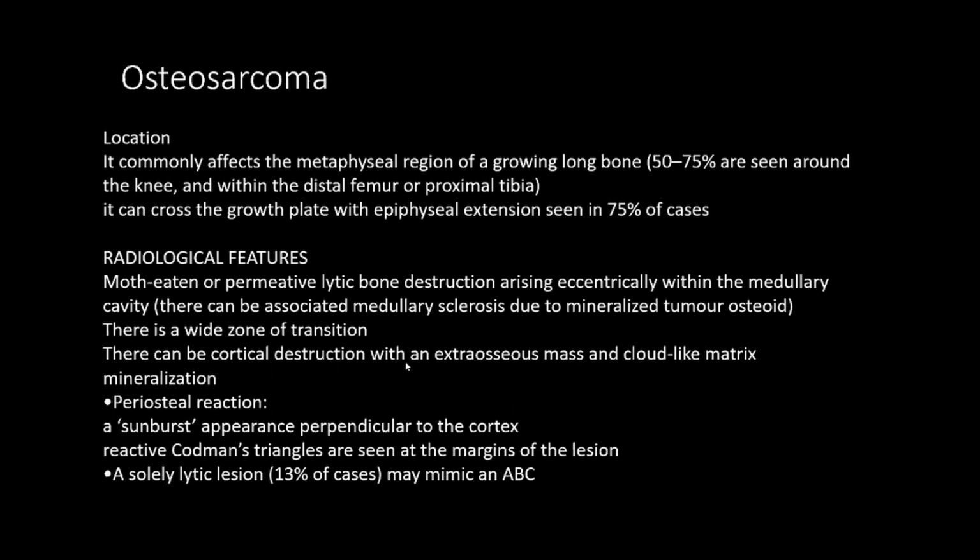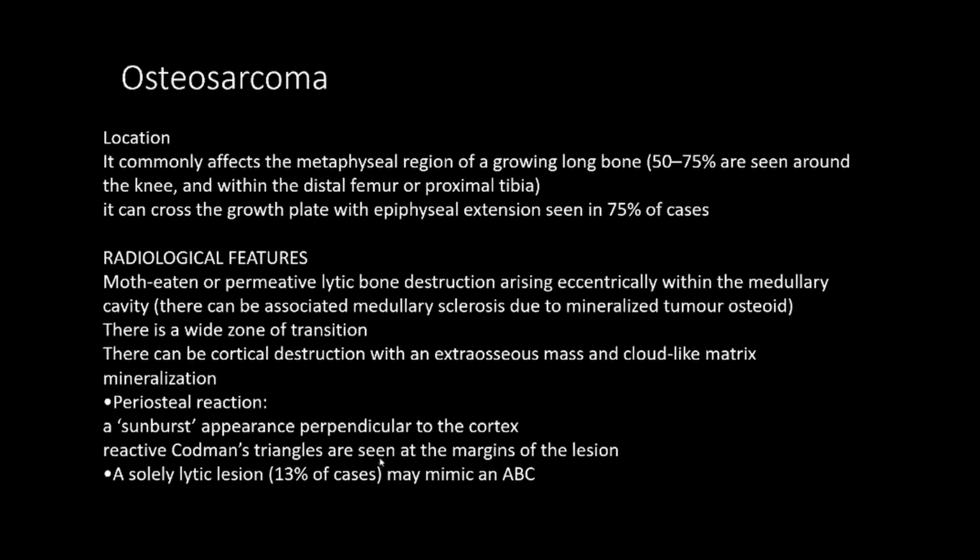Okay, osteosarcoma, the location, it is commonly metaphyseal, and it is osteoid matrix, more likely to be eccentric, not central. There is dense calcification and mineralization of the osteoid matrix, and there is exuberant calcification and periosteal reaction, some sunburst, and we can have Codman's triangle.